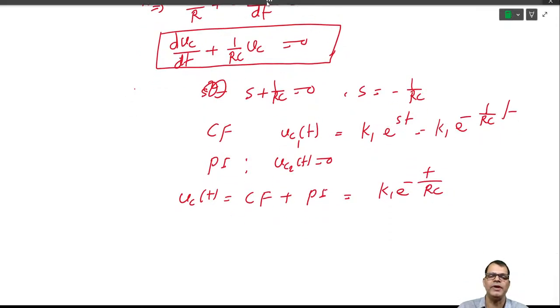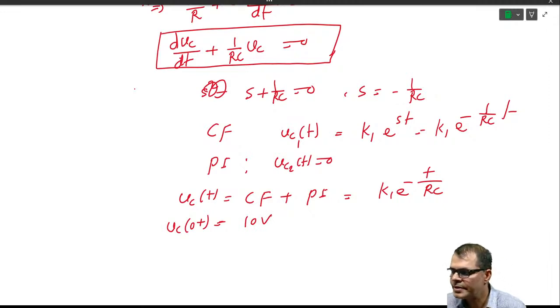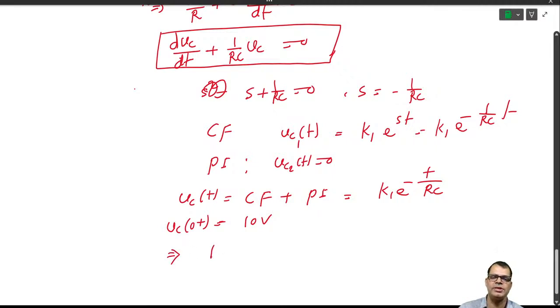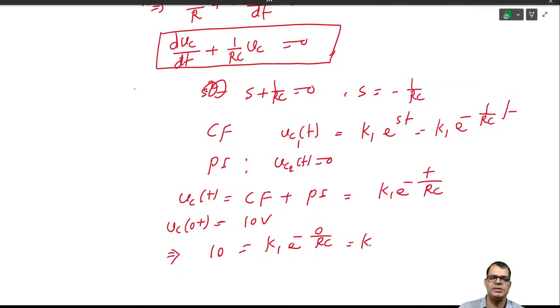Now the question is how to find k1. It is well known, because you know the initial value of the voltage across the capacitor, which is 10 volt. Put this value at t equal to 0 plus: 10 is equal to k1 e raised to the power minus 0 upon RC, which is k1.